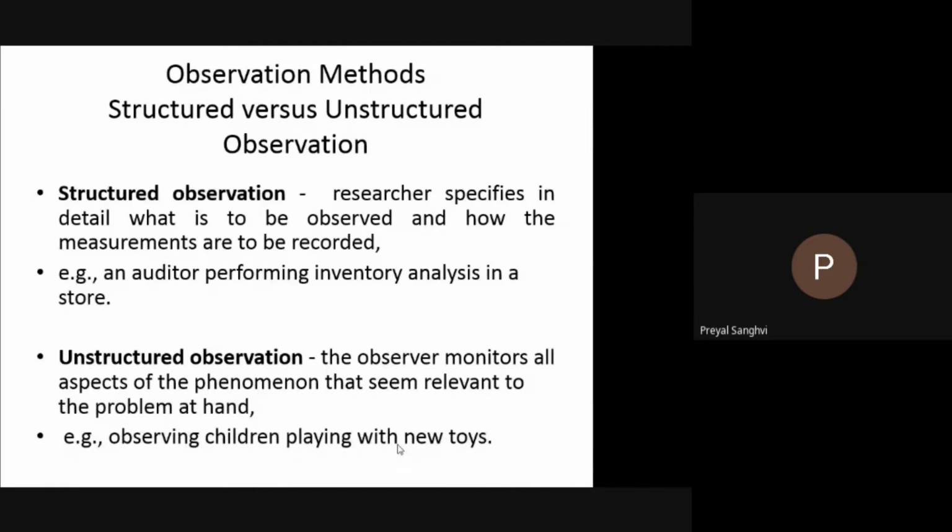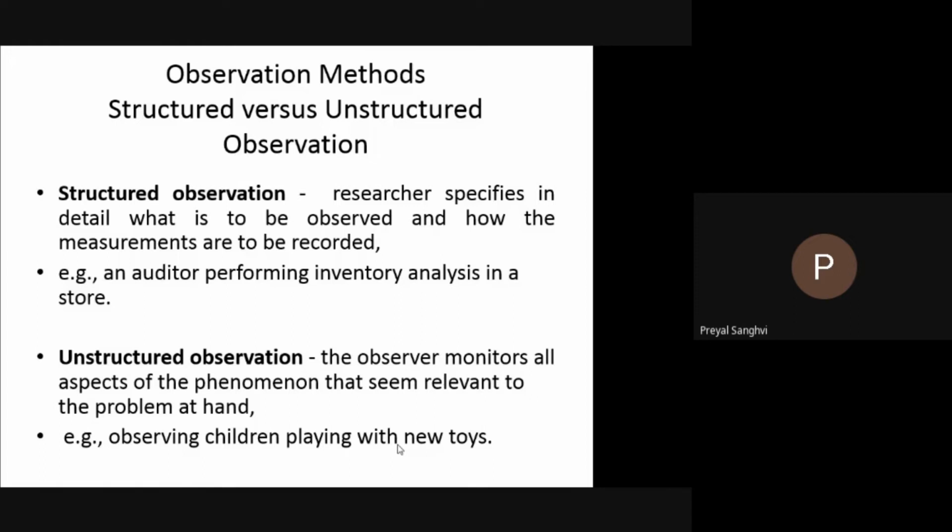If we talk about structured observation, then the researcher knows what things they have to observe. In structured observation, researchers specify in detail what is to be observed. So basically in structured observation, the researcher knows what things they have to observe.